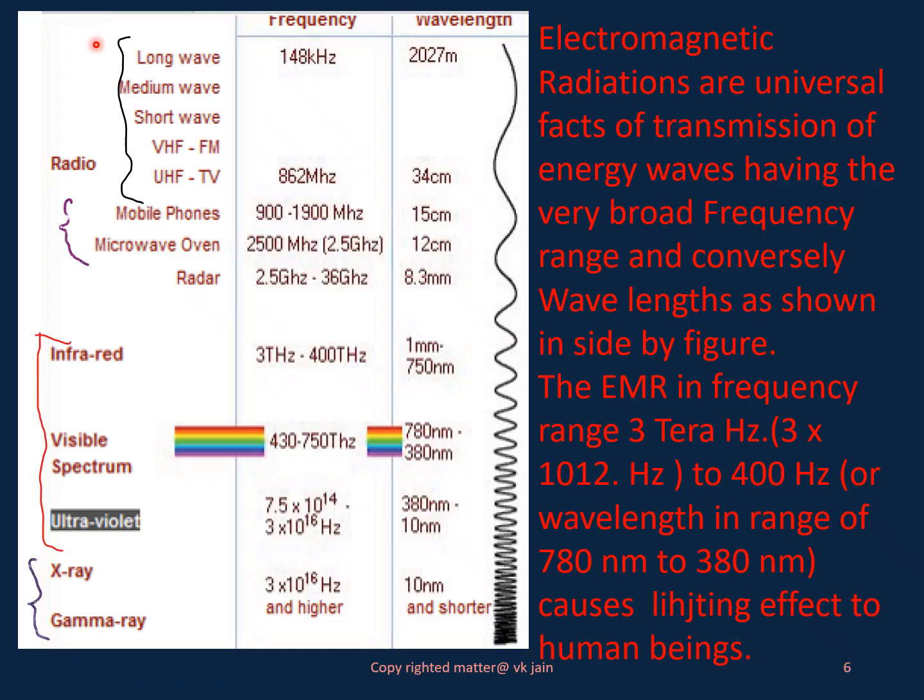The electromagnetic range of frequency 100 kilohertz and beyond up to 862 megahertz are known as radio transmissions, of which the first in order of frequency is long wave, then medium wave and short wave.